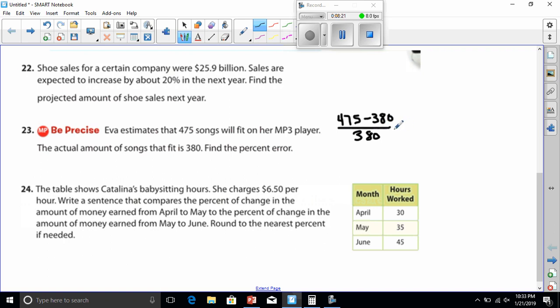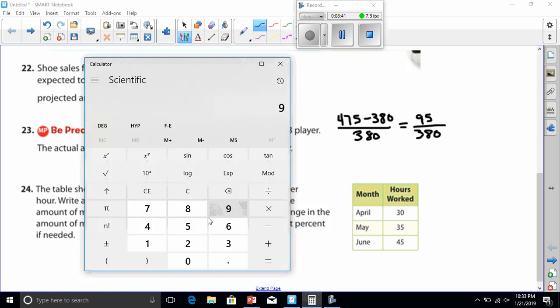Let's see. Well, 475 minus 380 is going to give us 95. And 95 divided by 380 will give us our answer. 95 divided by 380 gives us 0.25.